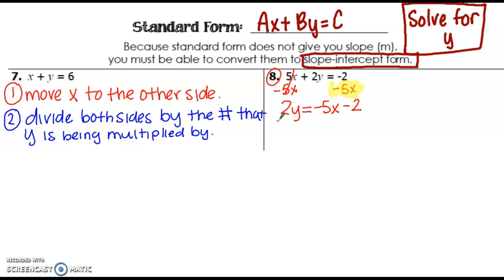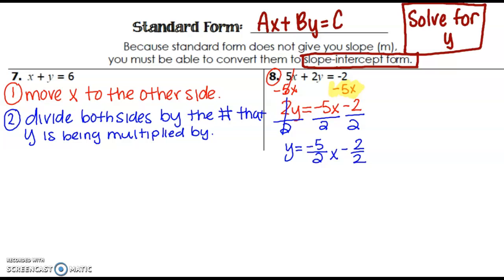So I'm going to divide both sides by 2. And you're going to do the entire right-hand side. You're going to divide both of those components by 2. So at the end, you should have divided by that number 3 times. Here, here, and here. This cancels. And now we are left with y is equal to negative 5 over 2x minus 2 divided by 2.